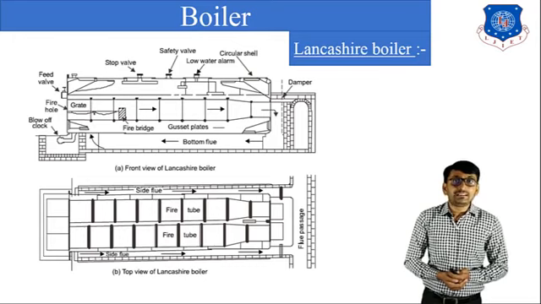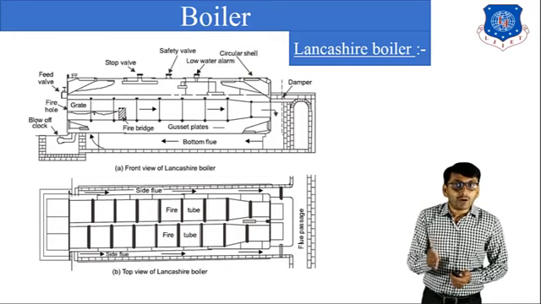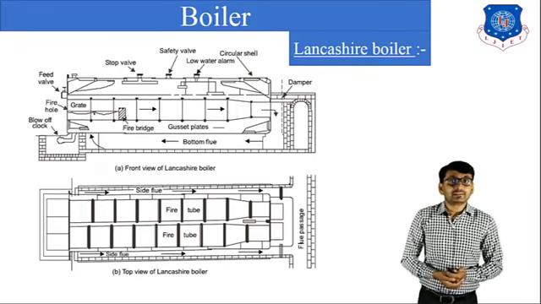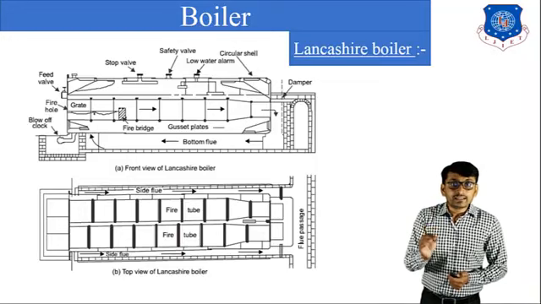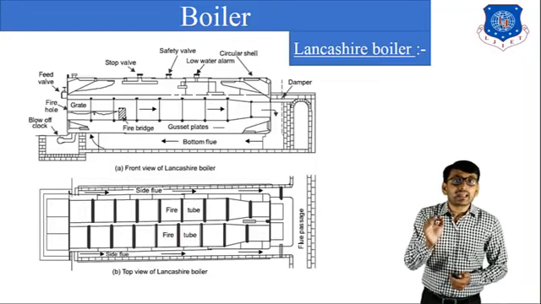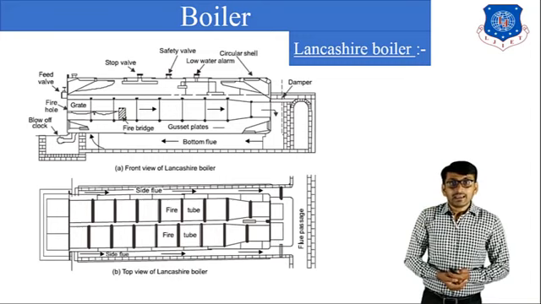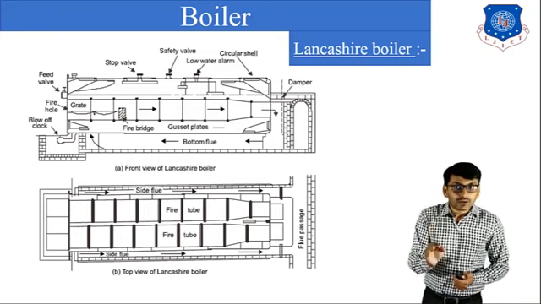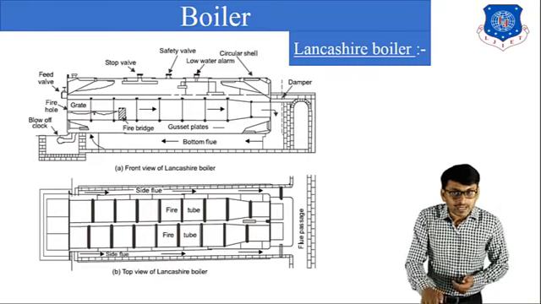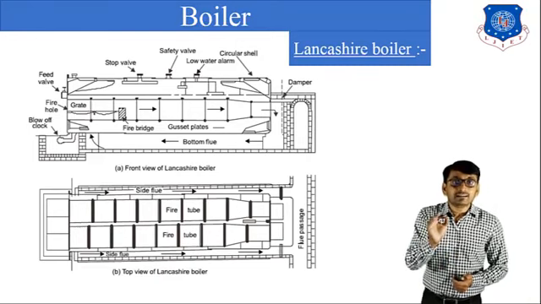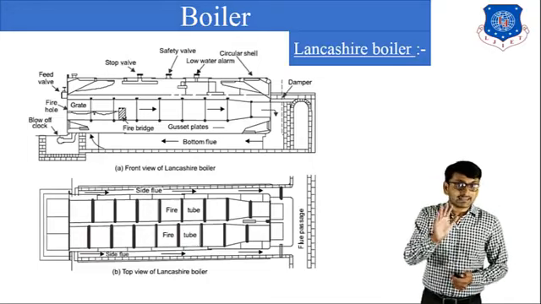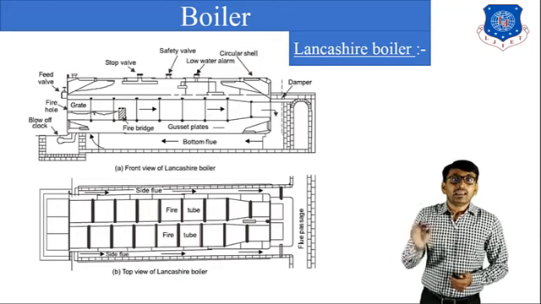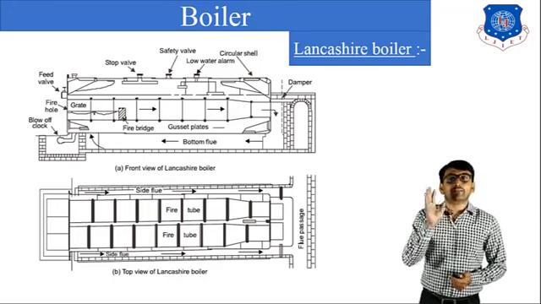What is the function of the feed check valve? It controls the amount of water supplied to the boiler. What is the function of the blow off cock? It is attached at the bottom side of the boiler, and its function is to periodically remove the water present at the bottom of the boiler which contains dust particles, sediments, etc. So it removes this dirty water at regular intervals of time.